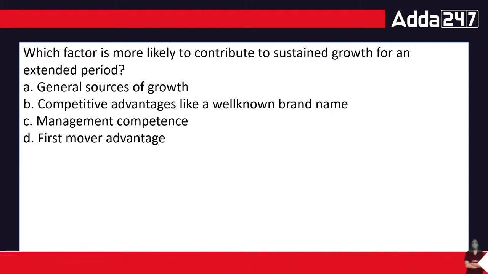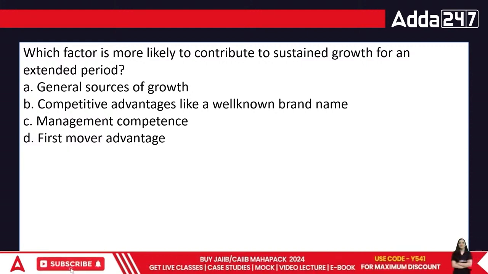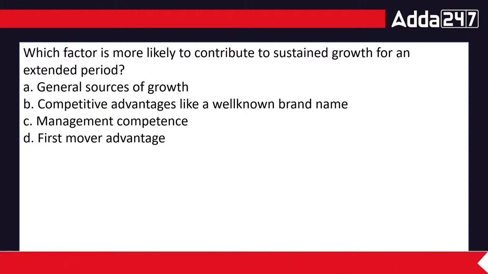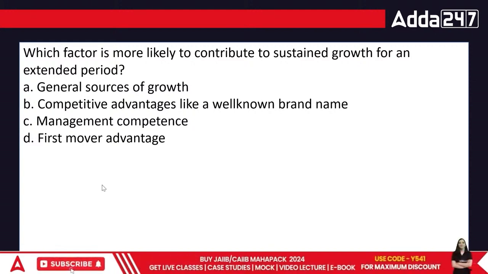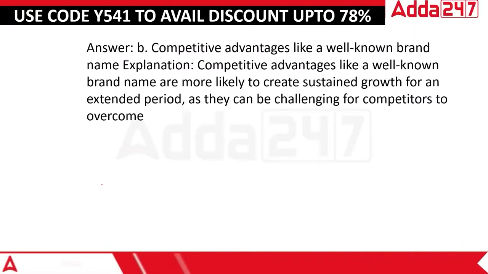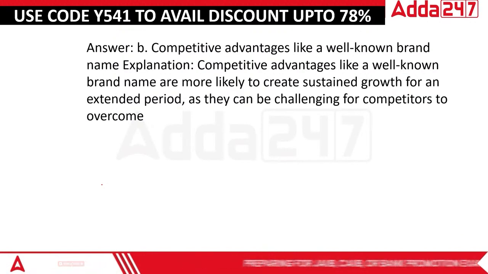They have established their name in the market to that extent where people are following the brand. Right? That means they have the competitive advantage. Now, this is the reason. Next point: competitive advantage like the well-known brand name.